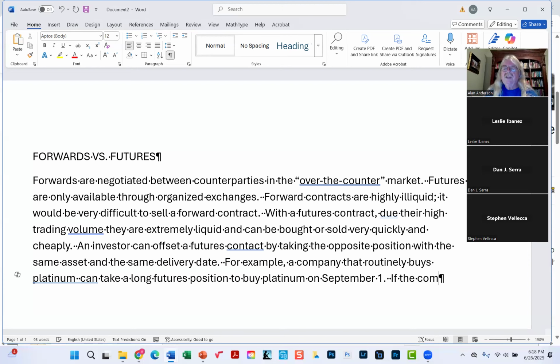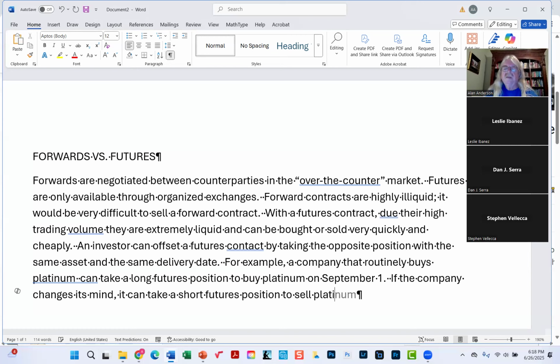If the company changes its mind, it can take a short futures position to sell platinum on September 1st. So you technically have two contracts outstanding, but their cash flows exactly offset each other, which means that in effect you have no exposure to platinum. And so it's easy to arrange this in the futures market, not in the forward market.